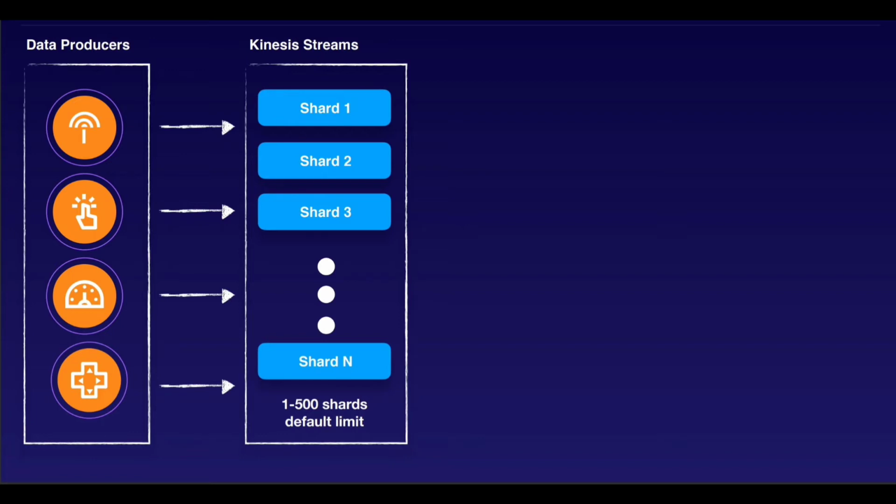The way that Kinesis streams carries that data is by using these things called shards. The way that I like to think about shards is as a container that holds the data that we want to send into AWS. Shards are made up of a couple of different parts that we will discuss over the next few slides.